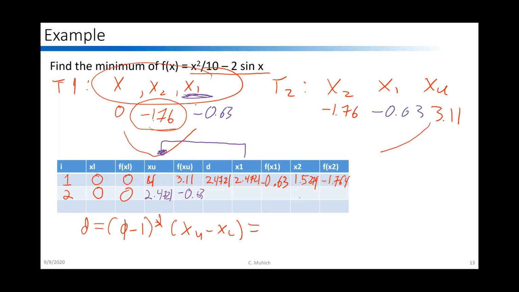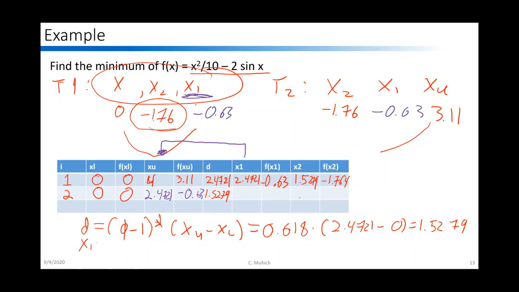That ends up being 0.618 times 2.4721 minus 0, which is 1.5279. So we can put that into our table, 1.5279, and then we're ready to calculate x1 and x2.